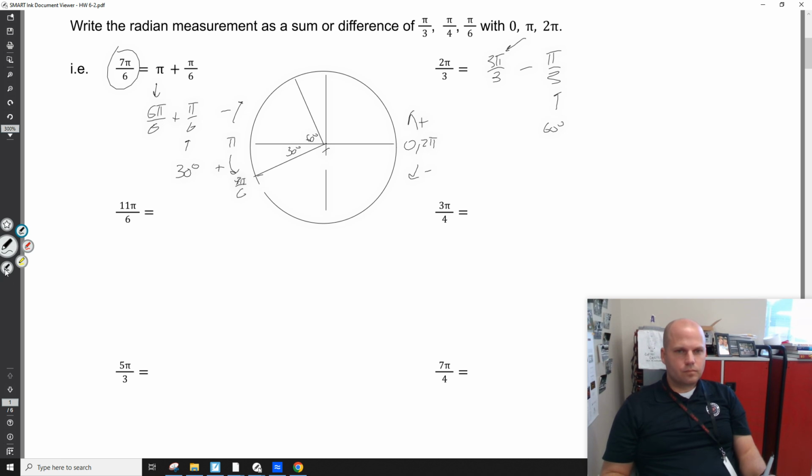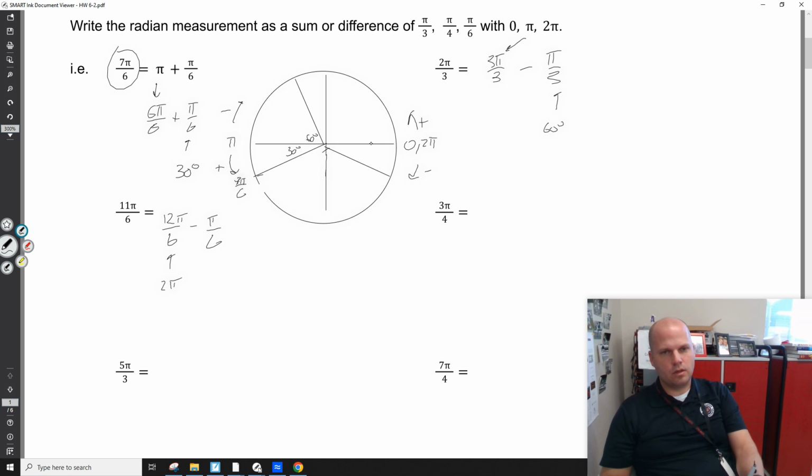I'll do a couple more on this. 11 pi over 6, I know it's close to 12 pi over 6. That's the same as 2 pi minus a pi over 6. Well, around my circle, 2 pi, subtract pi over 6 is like subtracting 30 degrees, gives me this location.